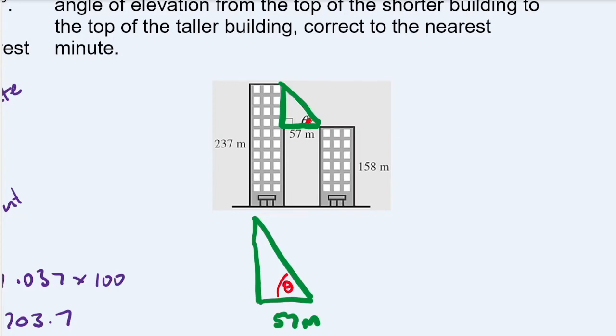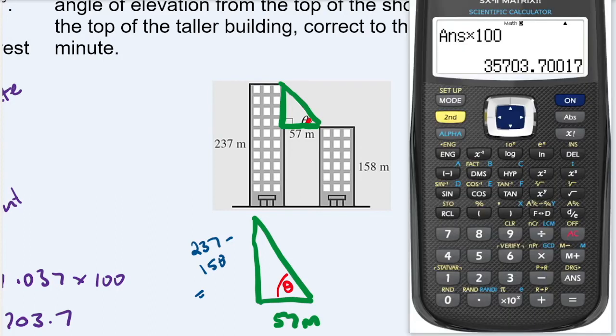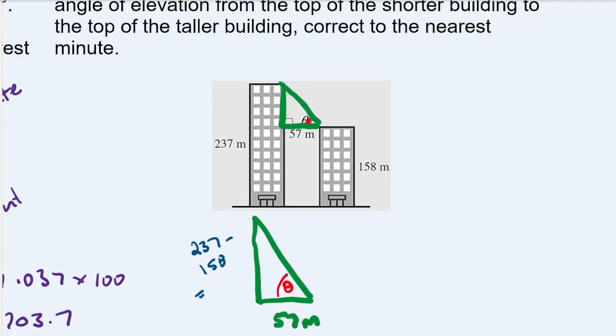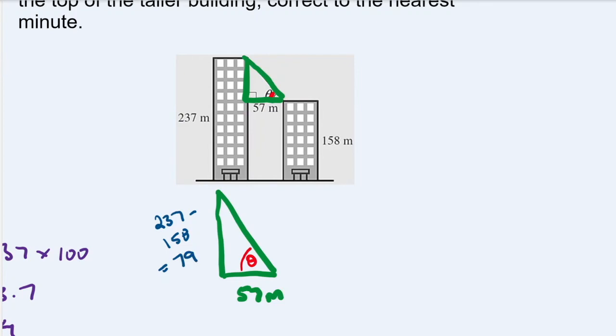Okay, so there's theta. We know the side length over here is going to be 237 meters minus 158 meters, which equals, let's work that one out, 237 minus 158, 79. And we want to know that theta.